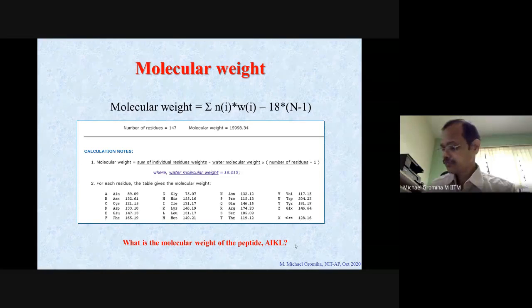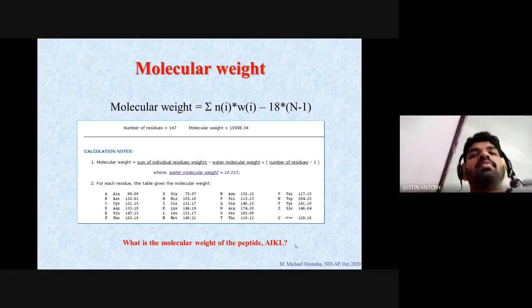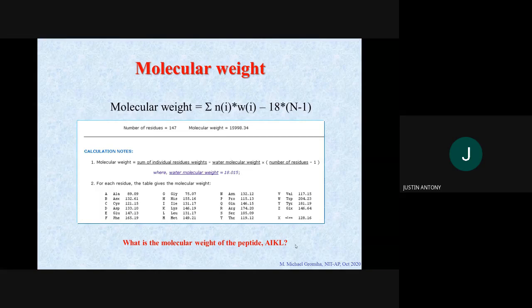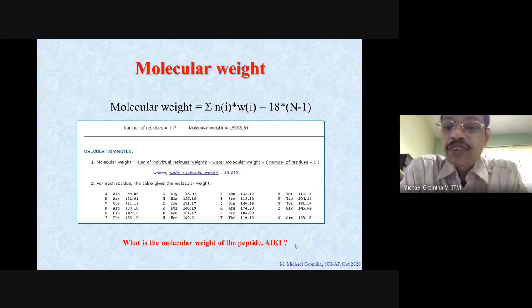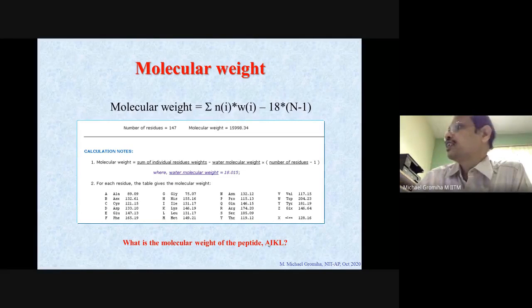The number? $2,500? That is very high. Okay, so you need to get the n. The molecular weight of A is here, plus the molecular weight of I, plus the molecular weight of K, plus the molecular weight of L, minus 18 into (n minus 1).